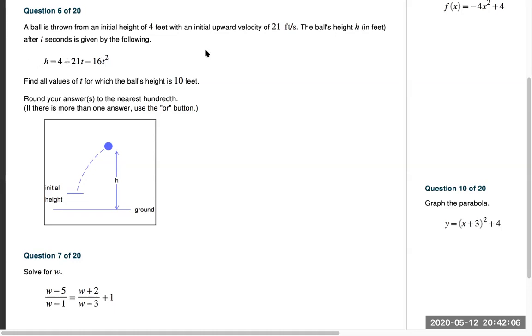Okay, so we're looking at this equation. We want to find values of t for which the ball's height is 10 feet.